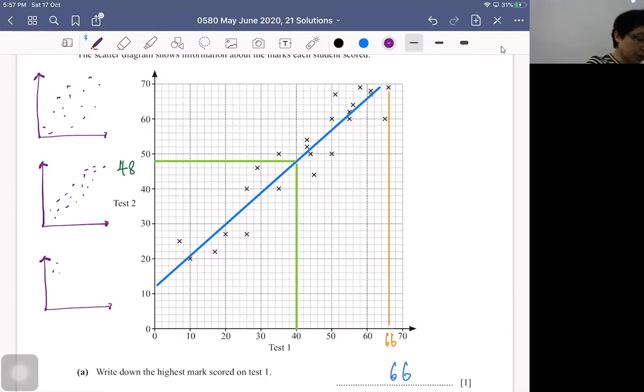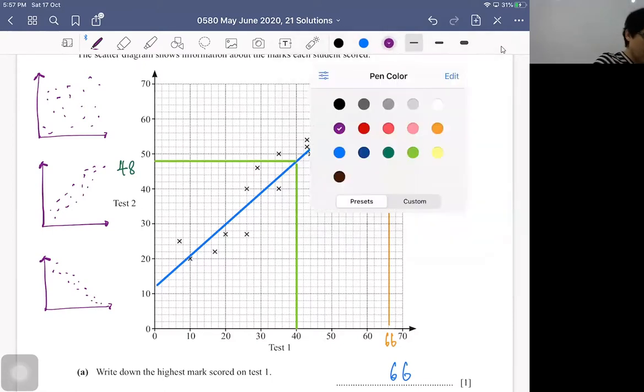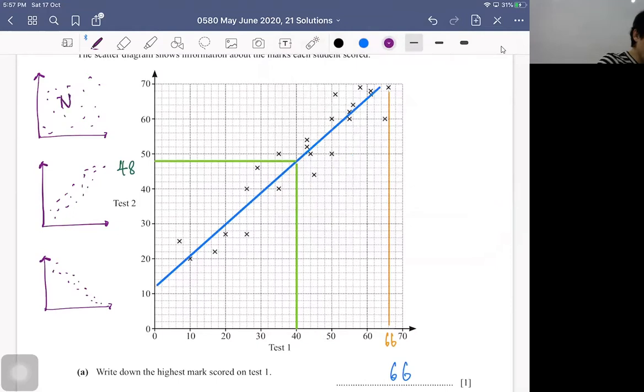So for the first one, if you have a scatter that seems to be all over the place, then we say there is no correlation between the two elements that we are talking about.